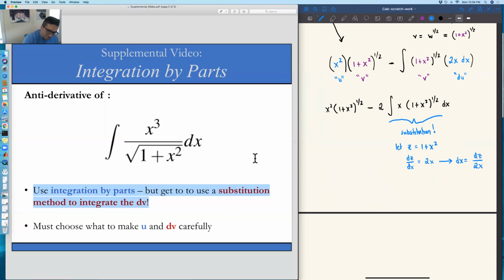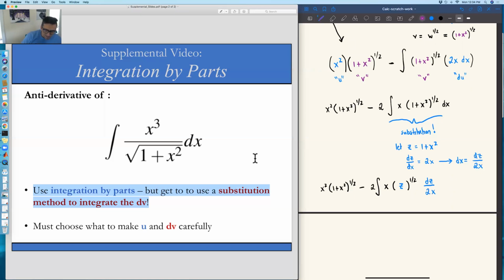So let's go ahead and make that substitution. So we have x squared times 1 plus x squared to the 1/2 minus 2 times the integral. That x is still sitting there, except now instead of 1 plus x squared, that's our z, still raised to the 1/2 power. And now instead of dx, we have dz all over 2 times x.